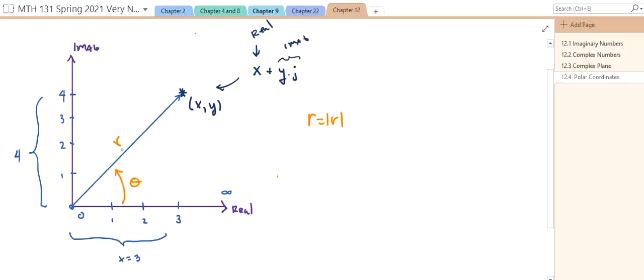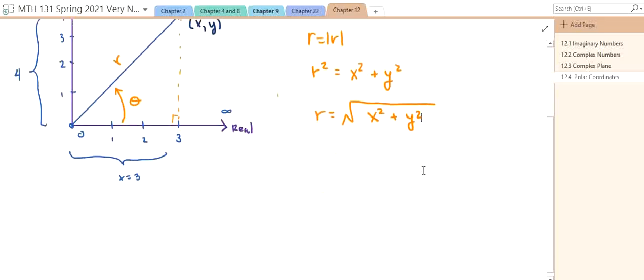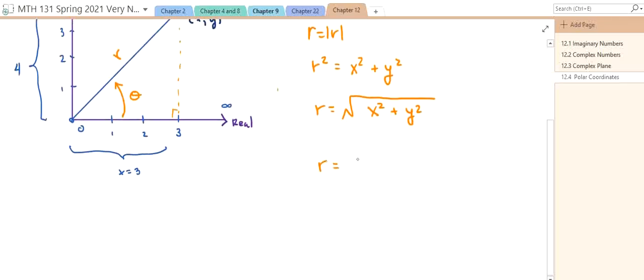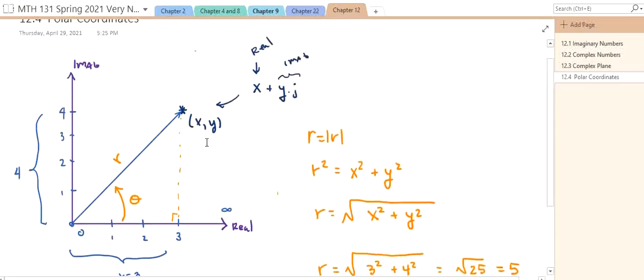So the actual length of this r we can find as r squared, because now we've made ourselves a right triangle here. And so r squared equals x squared plus y squared with our Pythagorean theorem. So r equals the square root of x squared plus y squared. So here in this situation, r equals the square root of 3 squared plus 4 squared, which equals the square root of 25. So r equals 5. So r has a length of 5 now.